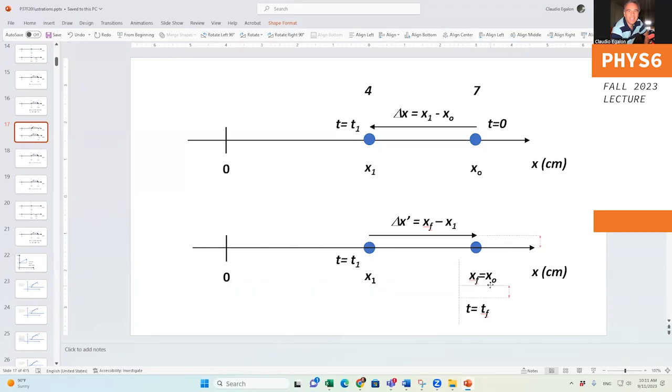X naught. Okay. According to the very definition of displacement, that's going to be my initial position. That's going to be my final position, right? According to the very definition of displacement, the delta x, the displacement in this case is going to be 0, because xf coincides with x naught. Make sense?